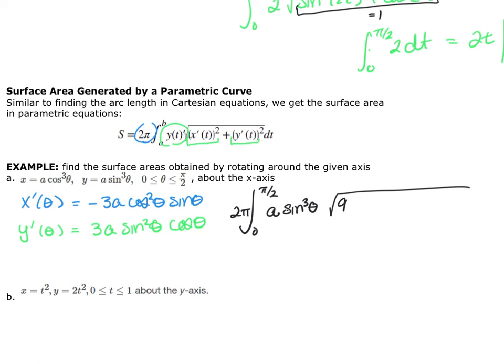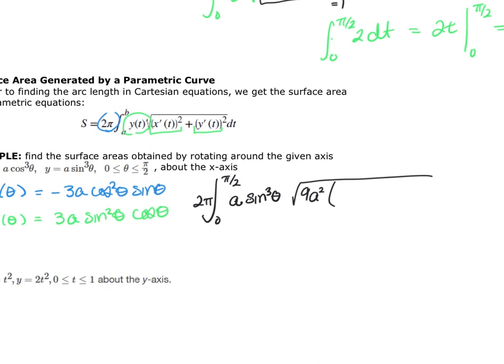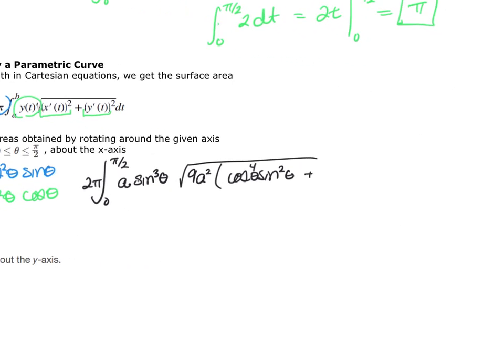So I'll end up having a 9a squared, and they're going to be common in both. And then I'm going to end up with squaring the first one, which is going to give me the cosine to the 4th power, the sine squared. Don't forget your theta and the theta. Plus the sine to the 4th of theta, the cosine squared of theta, and d theta.